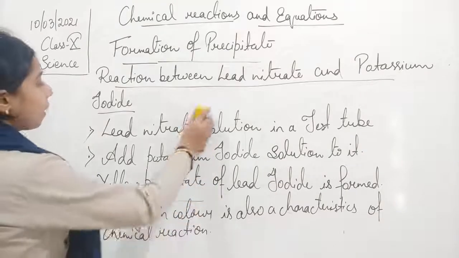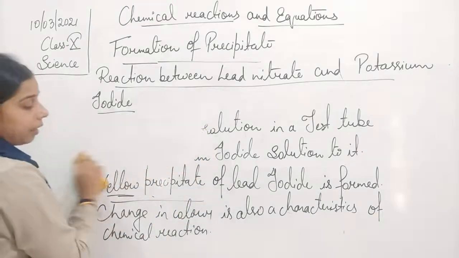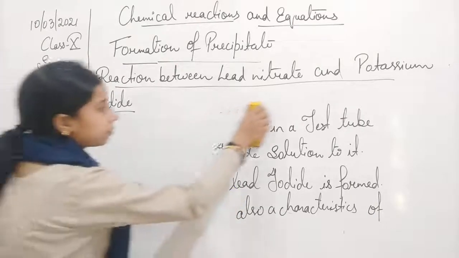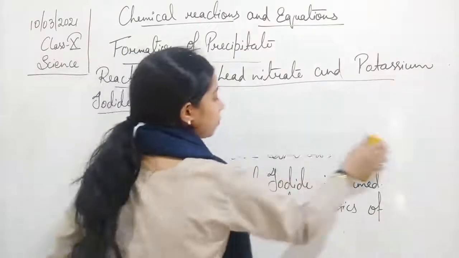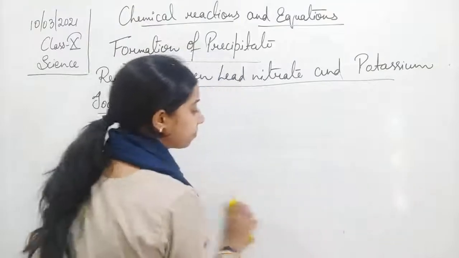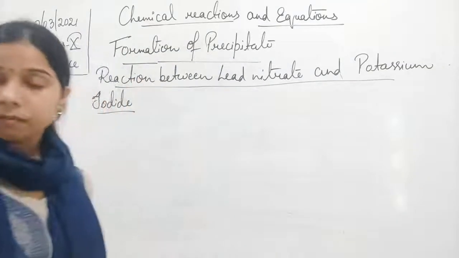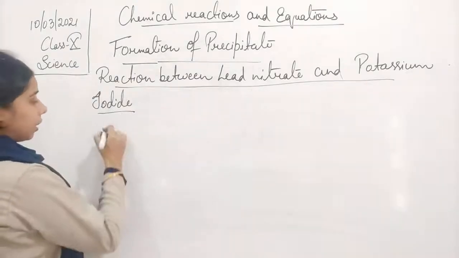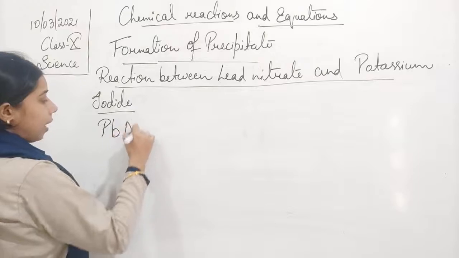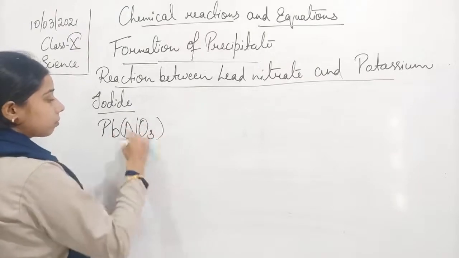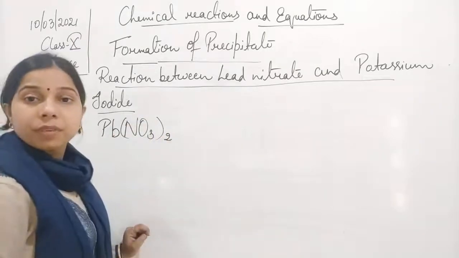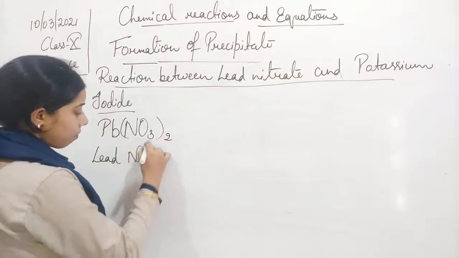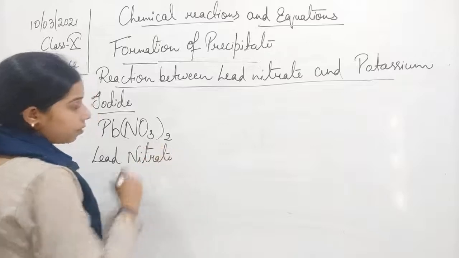Let me write the reaction: what happened when the lead nitrate reacts with the potassium iodide. You see, lead nitrate, Pb(NO3)2.